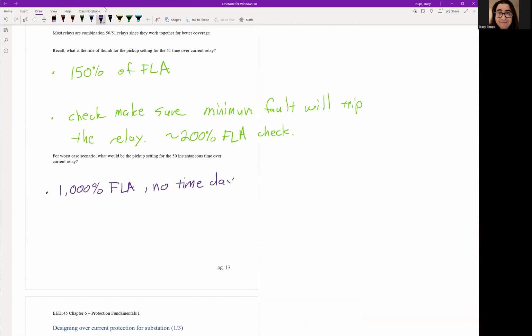So what this means is if we get to 10 times the load current, that's really bad. There should be an instant trip, because 10 times your full load amps is going to seriously do damage. This is most likely in the 10,000 amp range, or at least 8,000 amps, and that needs to get off the system as fast as physically possible.